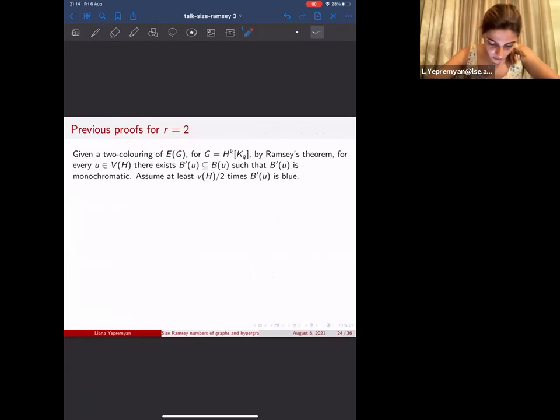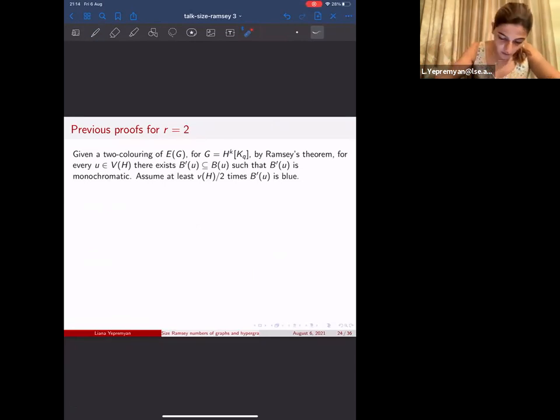Well, first of all, given any two coloring of the edge set of G, I want to find a monochromatic copy of P_n^k.